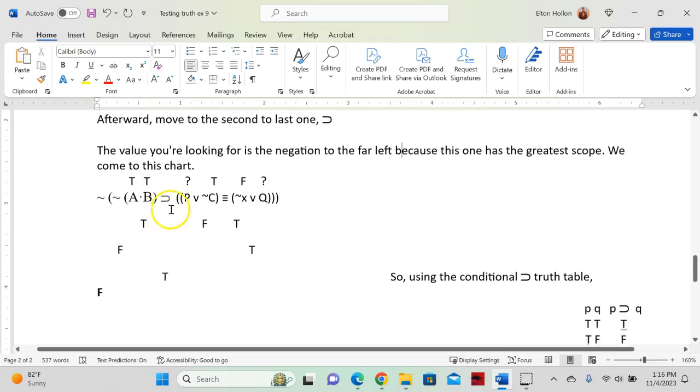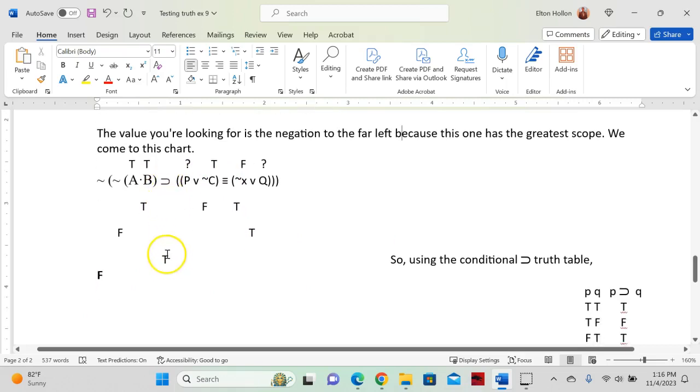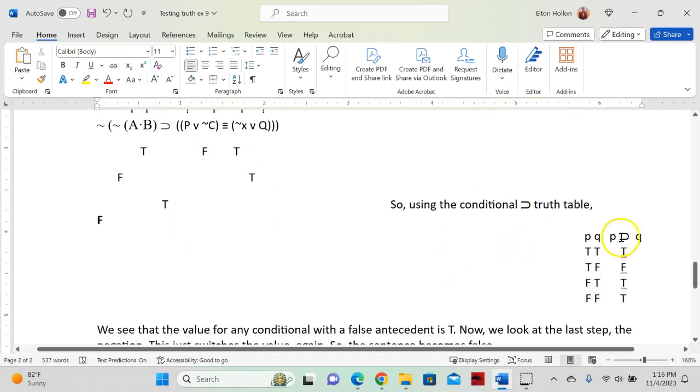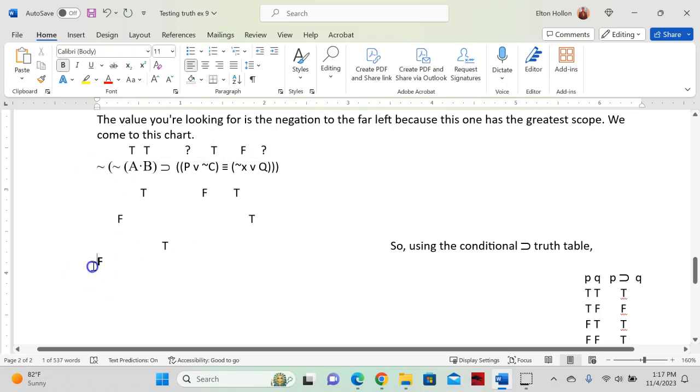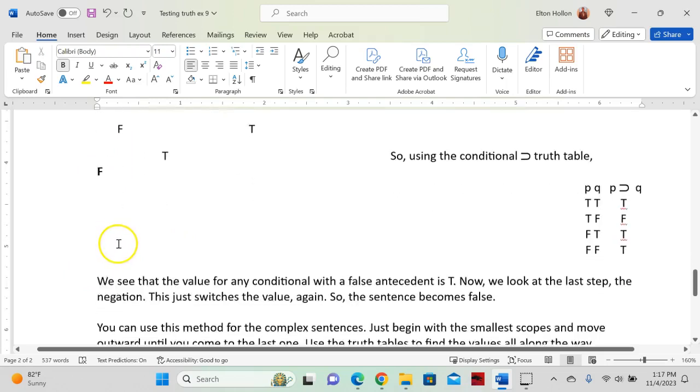The second to last step is the conditional here, and we've been able to come to false true for the terms in this larger second to last connective, the conditional statement. Using the truth table for conditional, we can see that the truth value of a sentence with a false true is true. But now we negate it because of the final step, the negation, so it turns true into false. So the answer for 14 will be false.